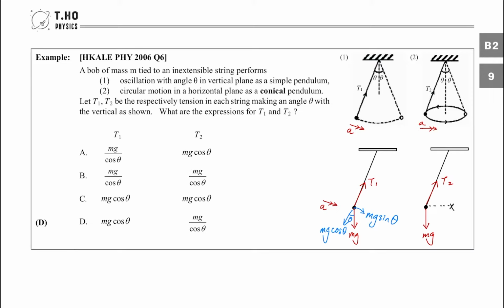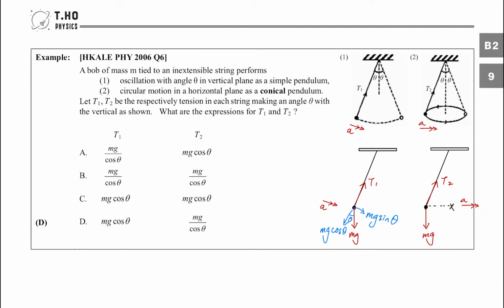parallel to the acceleration. However, in situation 2, things are a little bit different, because this time the acceleration is completely horizontal. Okay, so the acceleration will be along this direction. Here you can see mg pointing downwards. Actually, it is perpendicular to the direction of acceleration. So it need not be resolved.